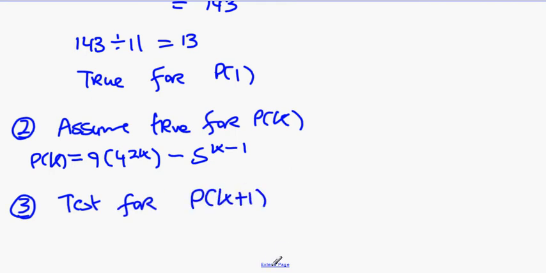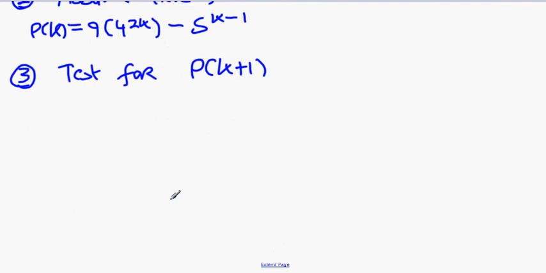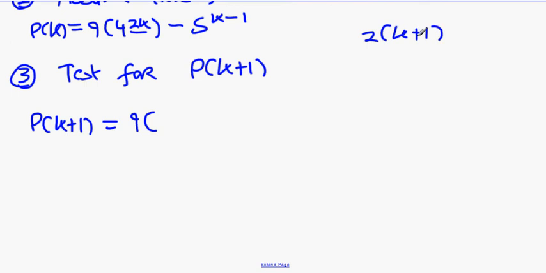Now P of k plus 1 has the following parts. P of k plus 1 equals 9 into 4 to the power 2 multiplied by k plus 1, which is 4 to the power 2k plus 2, close bracket, minus 5 to the power k plus 1 minus 1.